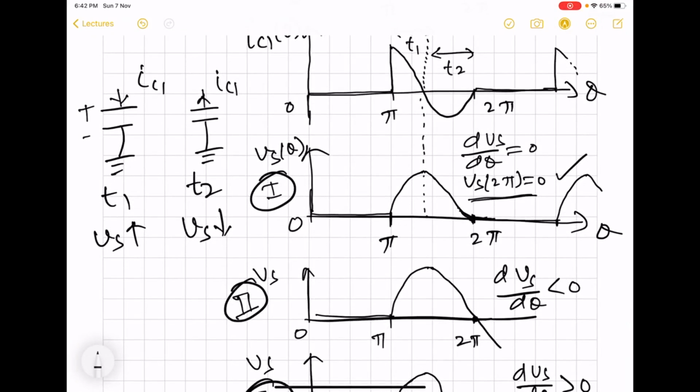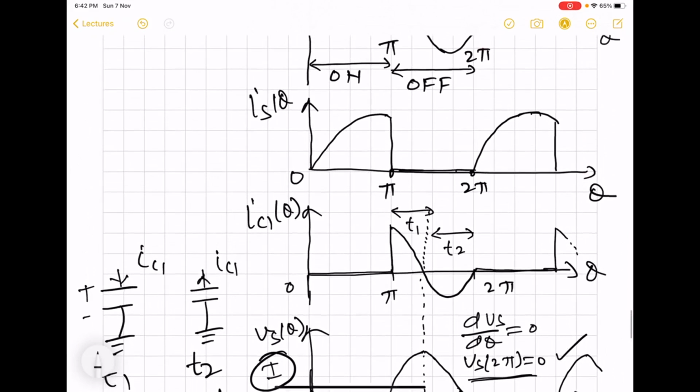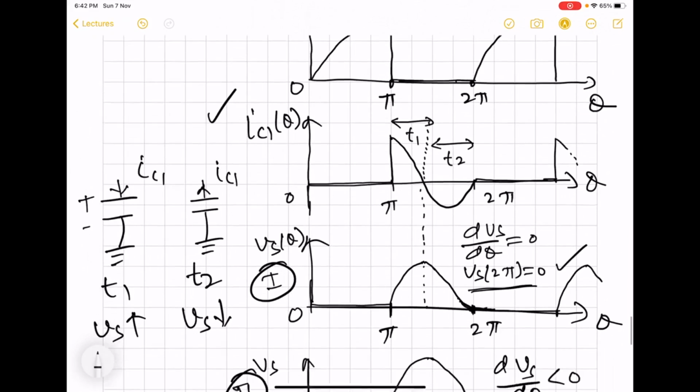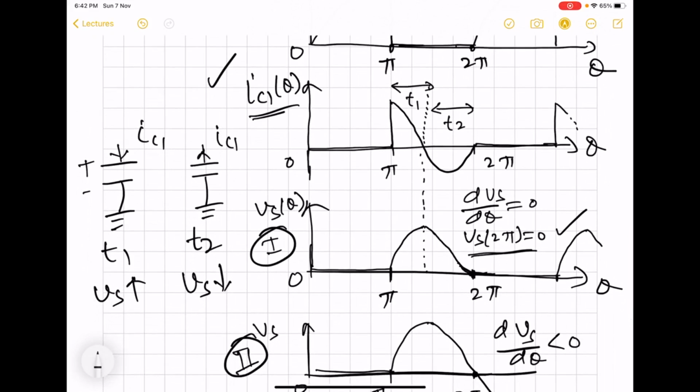What we can do is write the expression for these currents, and we see that it is this capacitor current which is responsible for this capacitor or switch voltage. So we need the expression for this IC1 so that we can find out dVs by d theta. So we will first write these expressions for the current and then find out the voltage.